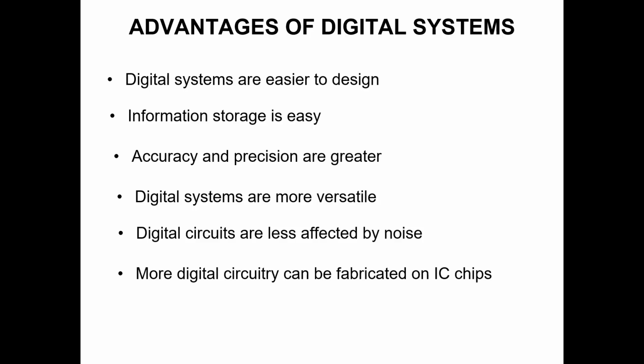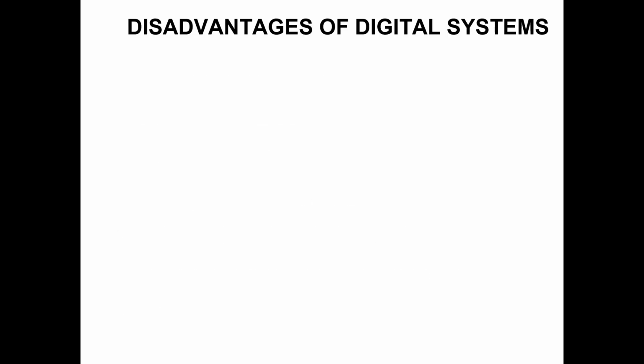Moreover, higher densities of integration can be achieved in digital ICs than in analog ICs because digital design does not require high voltage capacitors, precision resistors, inductors, and transformers like the analog design. Reliability is more. Digital systems are more reliable than their analog counterparts.